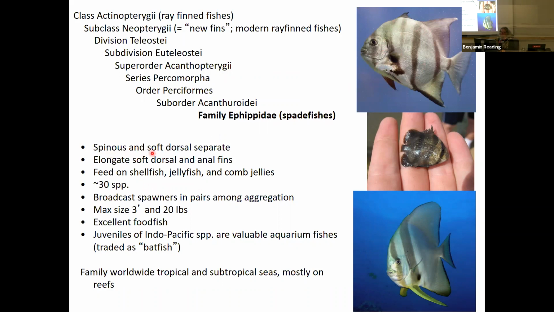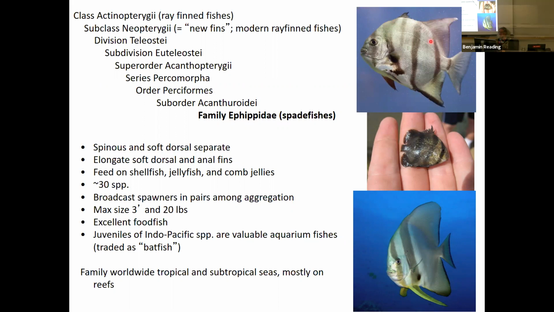They have spinous and soft dorsal fins that are separate. So anterior, a hard, spiny dorsal fin close to the head, and a posterior, soft-ray dorsal fin, and oftentimes the soft ray is elongated.